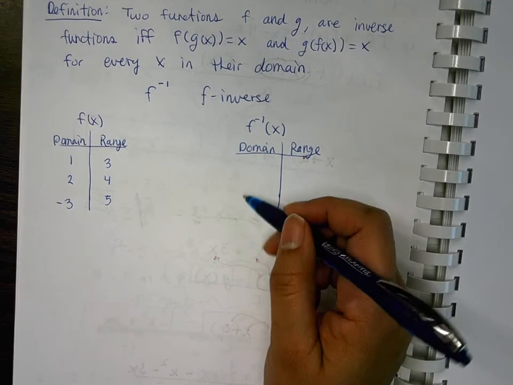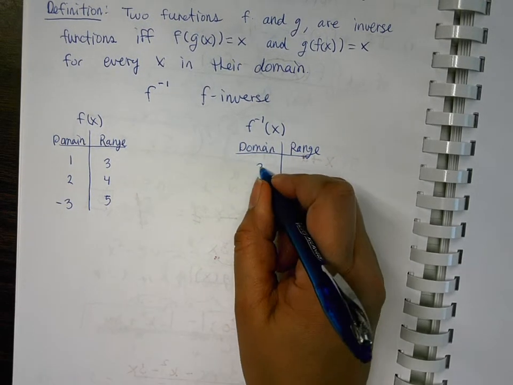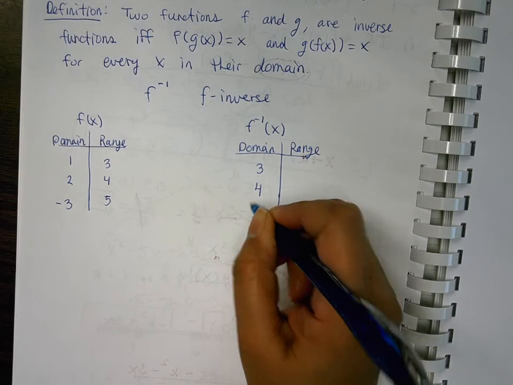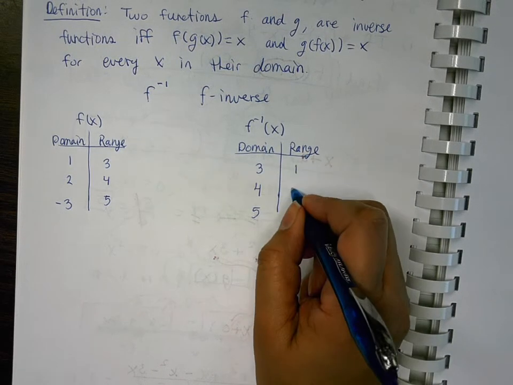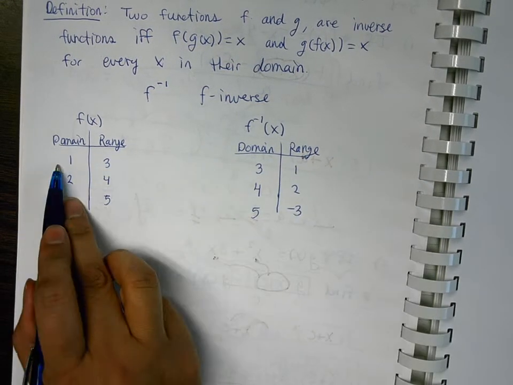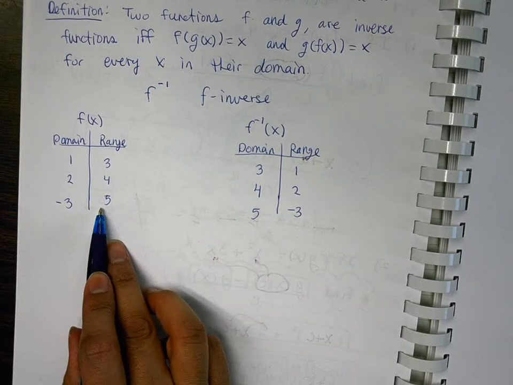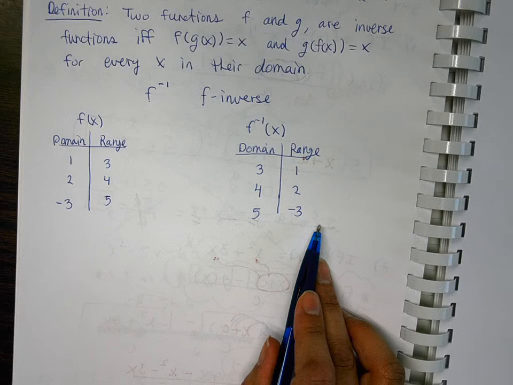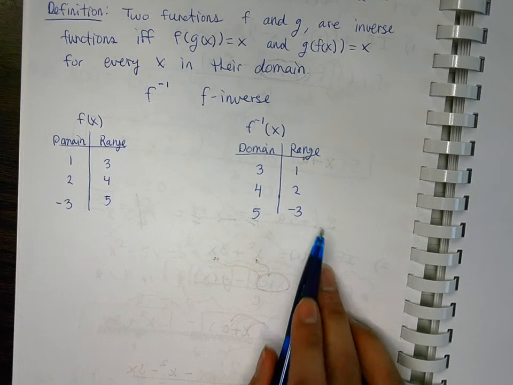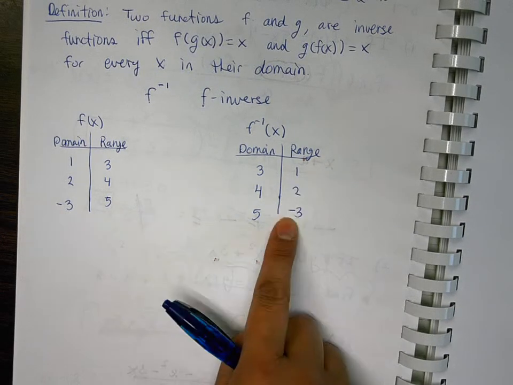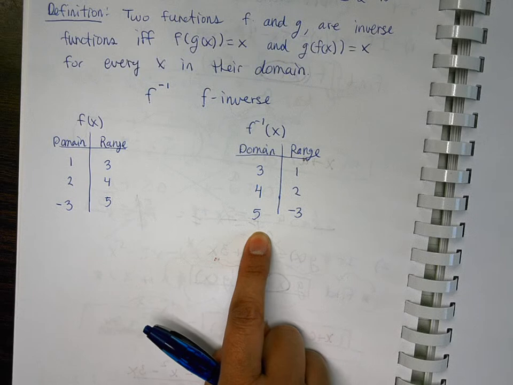So what would the domain become? 3, 4, 5, and what would the range be? All right, 1, 3 is 3, 1, 2, 4, 4, 2, -3, 5, 5, -3. That is always true when you have inverse functions. Domain becomes your range and range becomes your domain.